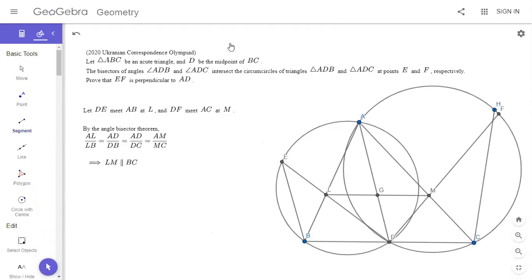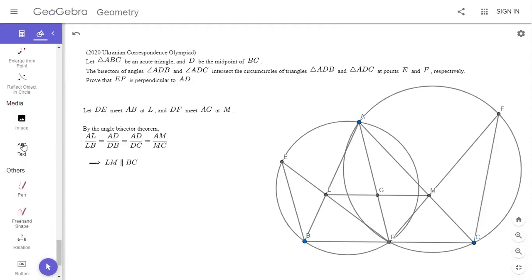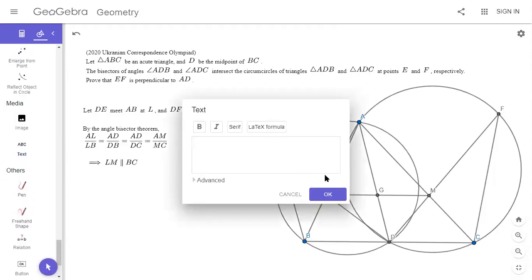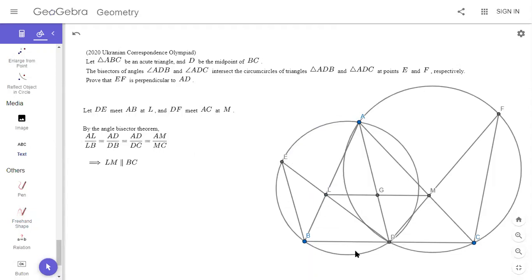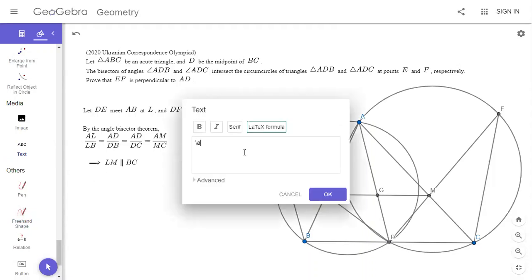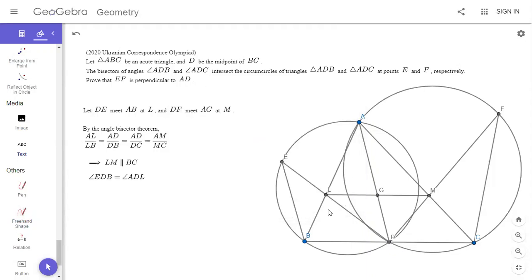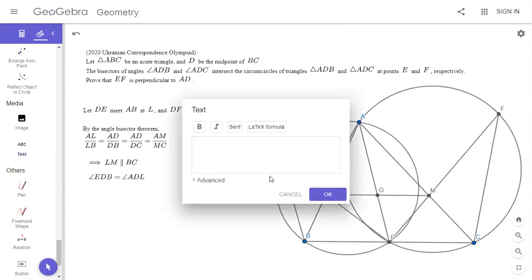There's so much stuff going on. It's hard to manage in my head all at once. But basically, we have angle EDB is equal to angle ADL, and angle BED is equal to LAD. So those triangles are similar.